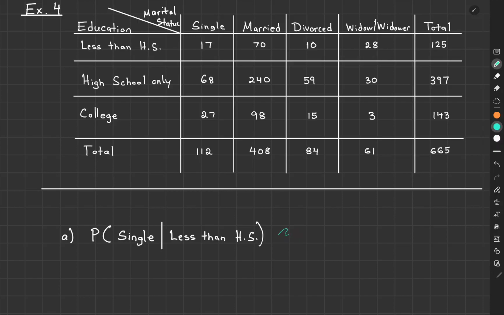First we're going to consider the probability that they are both single and have less than a high school education. And then we're going to divide that by the probability of the prior condition, so the probability that they have less than a high school education.